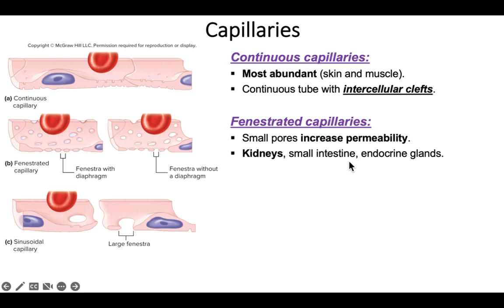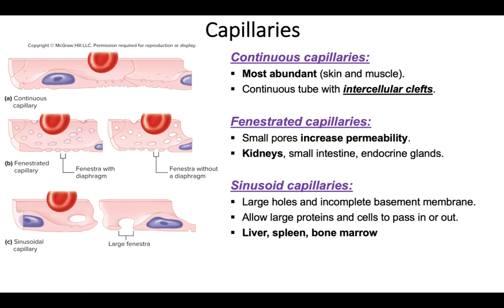Small intestine and endocrine glands, I'm not going to ask you about that, but since we know in general what a kidney does, filters blood, it should make sense that it has fenestrated capillaries. The next type are called sinusoid capillaries, and these have larger holes. So the fenestrations are larger, and that allows even bigger things to either go into the bloodstream or come out of the bloodstream.